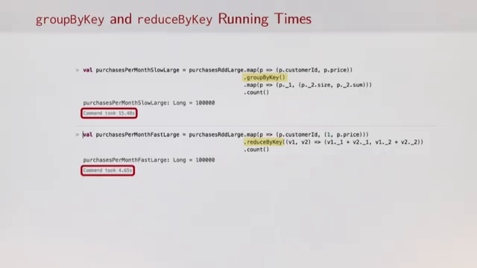As we can see, the groupByKey variant, exactly what we saw on one of the previous slides, takes 15.48 seconds to complete. Well, the variant using reduceByKey takes only 4.65 seconds to complete. In this example, the reduceByKey version of this program is up to 3 times faster than the groupByKey version. Imagine if this was an hours-long computation. This would mean a lot of saved time on a big data set.